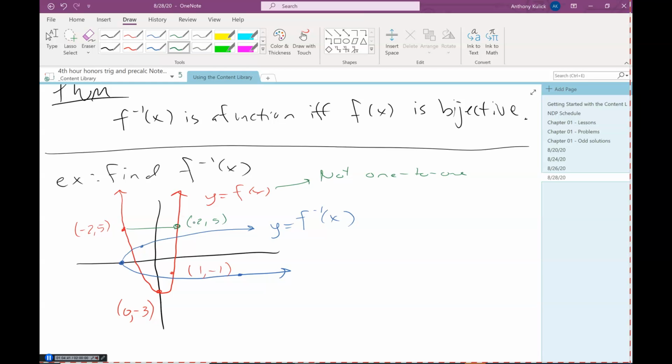So, what is a reasonable test for 1-to-1-ness? Yeah, a horizontal line test. Exactly right.